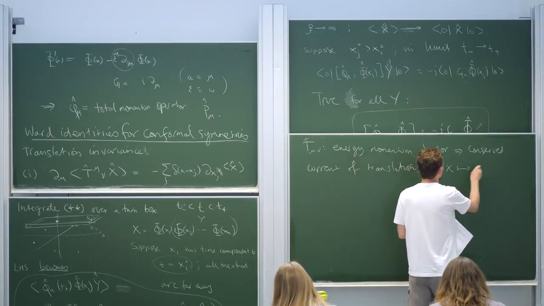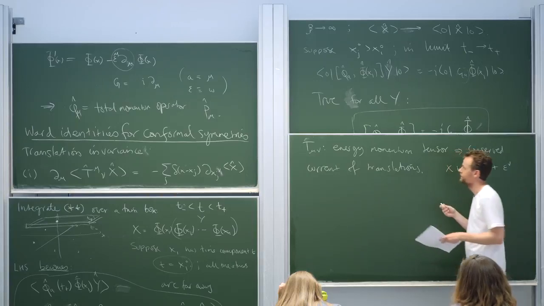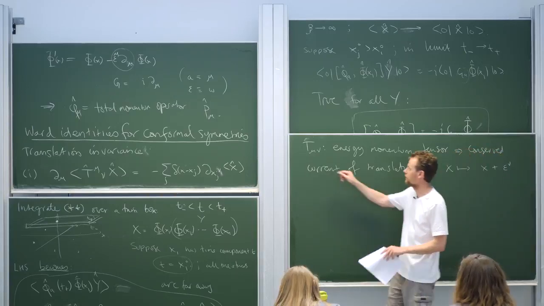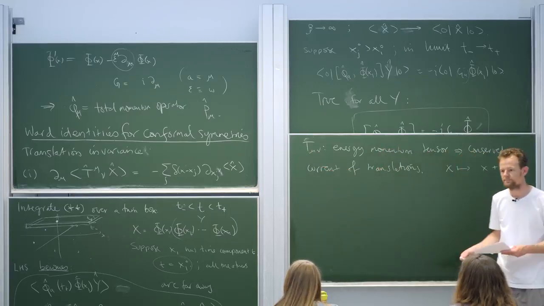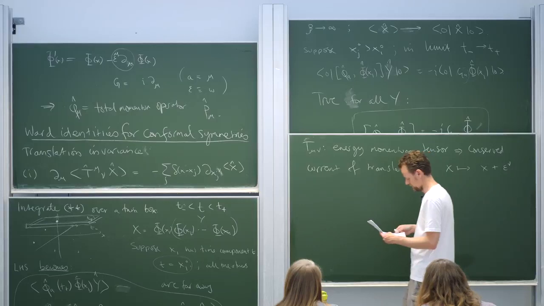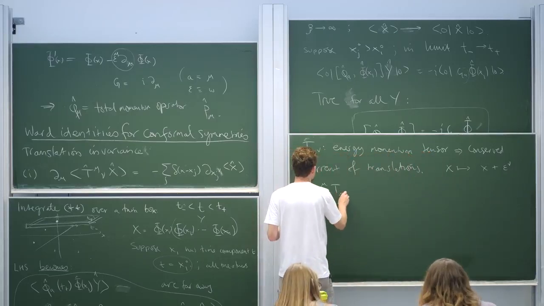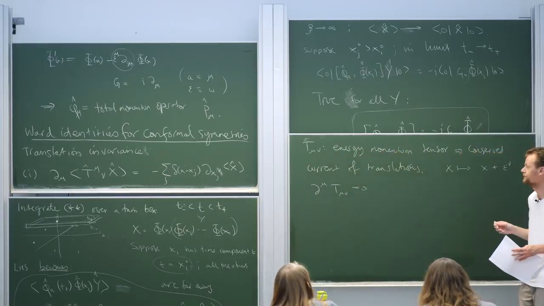x goes to x plus epsilon nu. Remember, a conserved current has 4 components, so it's going to be a 4 by 4 thing. And conservation law means that d mu T mu nu is 0. That's what it means to be a conserved current.